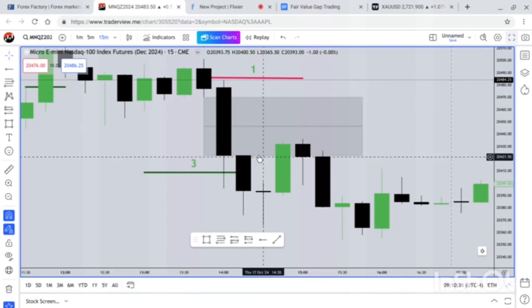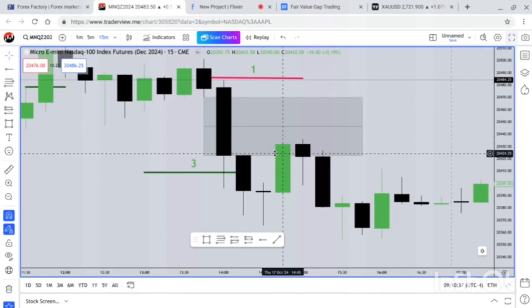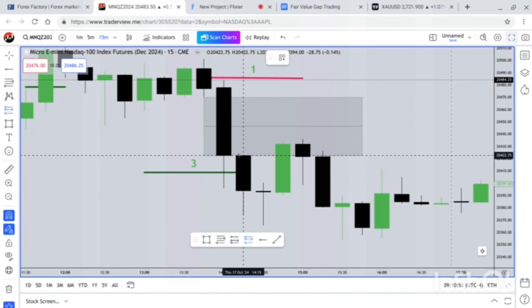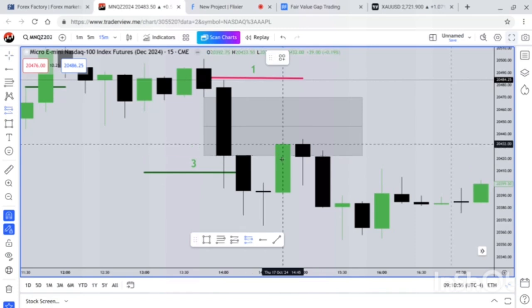So at this point now, where am I taking my entry? Once I know that this market is going to go down, I have the feeling that it's going to go down, I'll just place my entry at this level here. I'll bring out my entry, place it at this level here, this rectangle, this number 3 eye wick. That is where I'll be placing my entry.